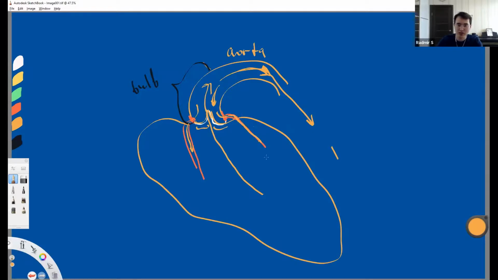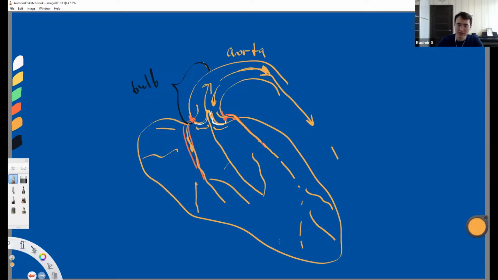And this blood pressure gives the possibility for our heart to obtain a lot of nutrients, a lot of oxygen, in a very short time. So it is pushed to all the branches of the arteries. So it gives the nutrients and oxygen.